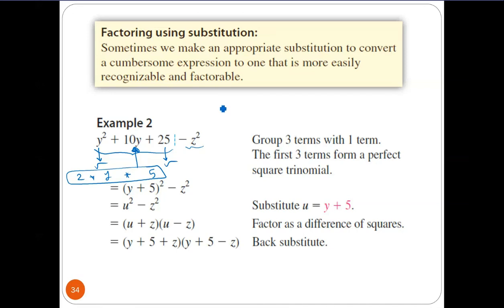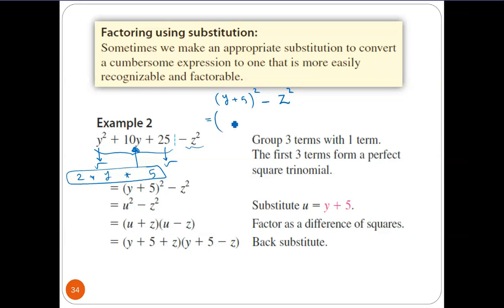So we have y plus 5 squared, with what? z squared.